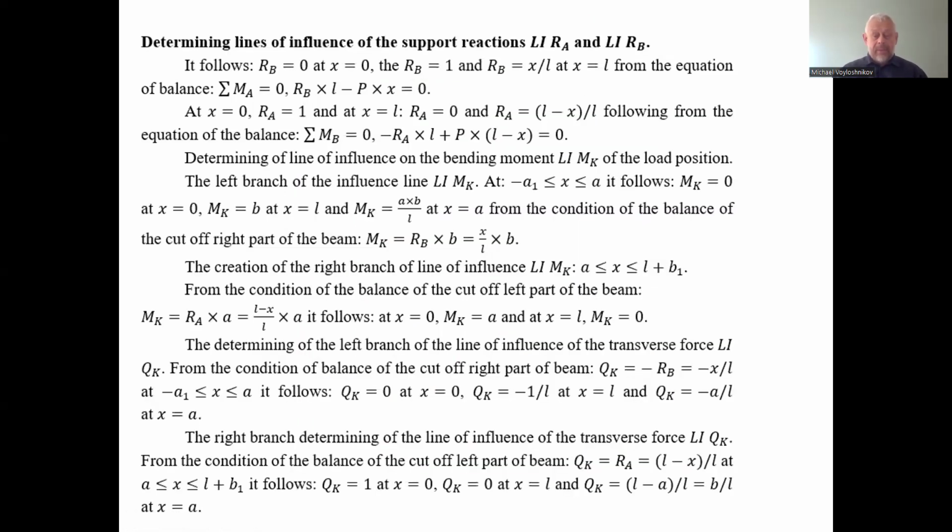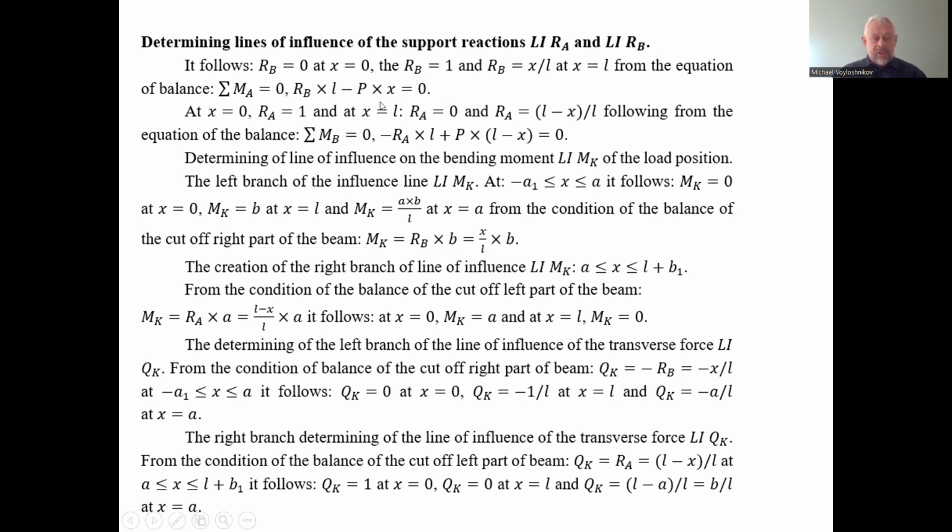And when the point of application x is equal to 0, we need only two points of the magnitudes of the support reaction to have the linear dependence of the support reaction on the variable point of the unit force application.